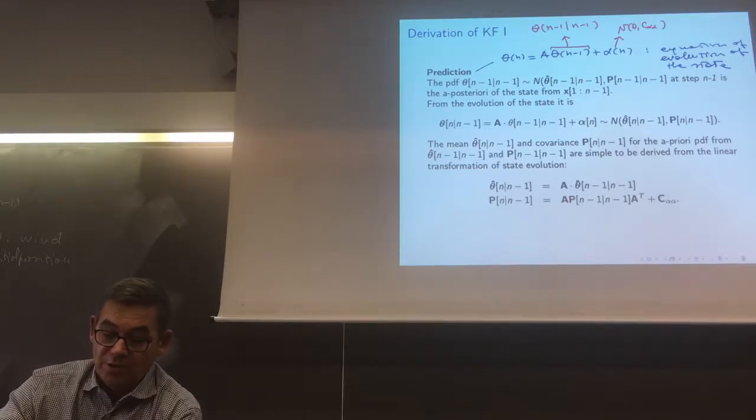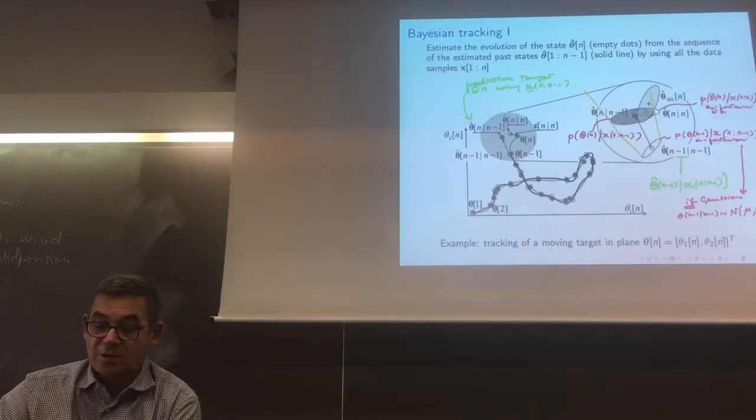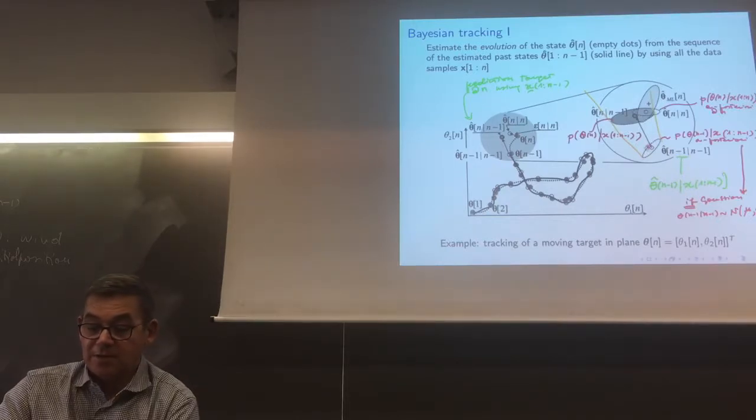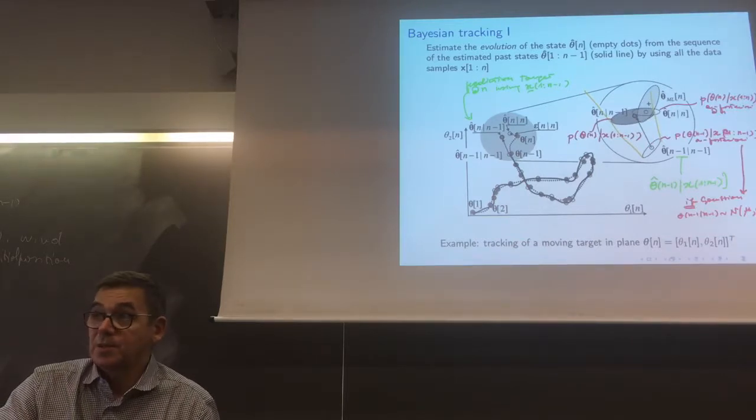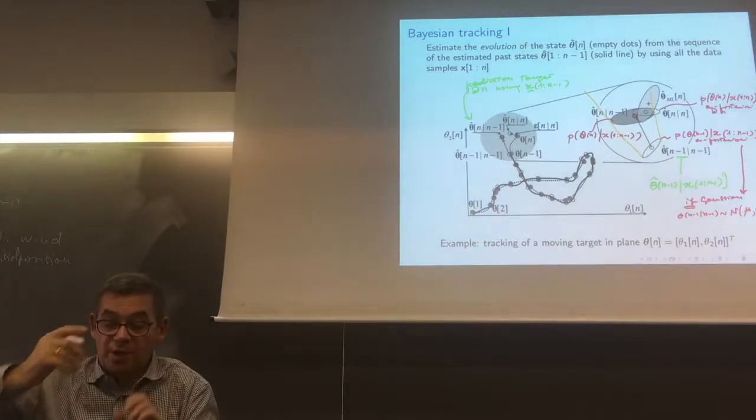The reason why I was discussing so much about this plot is the following. Assume we are here, this is theta n minus 1, n minus 1, and this is the covariance n minus 1, n minus 1, which is a certain degree of uncertainty.